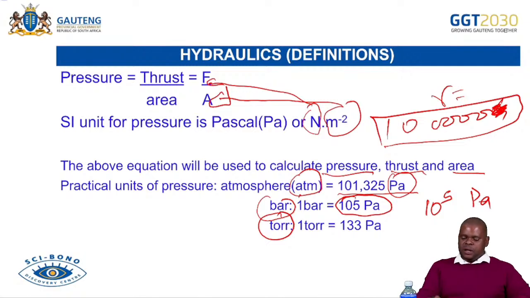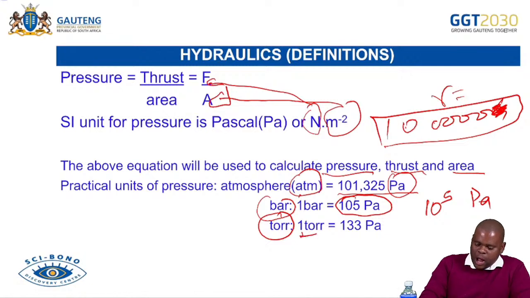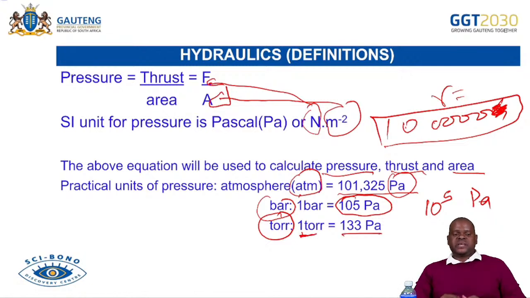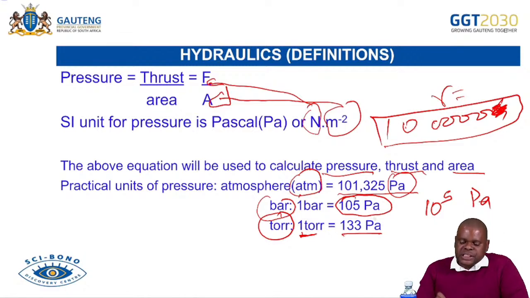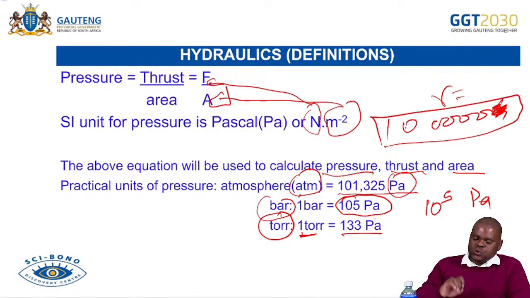Are we together? Because of this 5, we must have 5 zeros: 1, 2, 3, 4, 5. Which is 100,000 Pascal. And then torr: 1 torr is equal to 133 Pascal. Can you see? 1 torr is equal to 133 Pascal. 1 bar is equal to 100,000 Pascal.